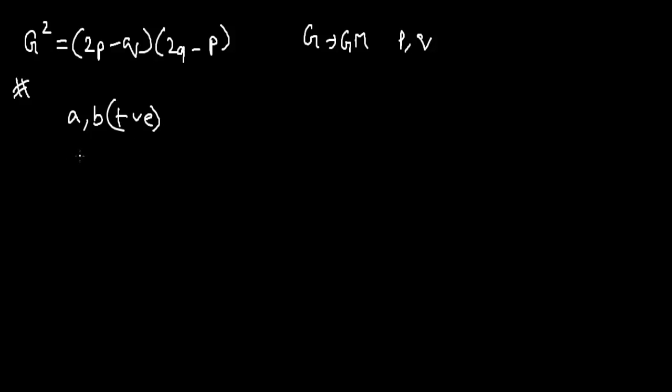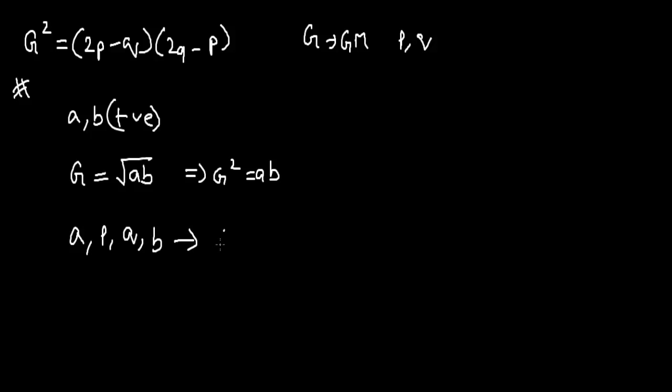Now since G is the geometric mean, we can say that G equals root under ab, and simply G squared is ab. Now P and Q are two arithmetic means between a and b, so we can arrange this. This is in AP, as we can say from the question.